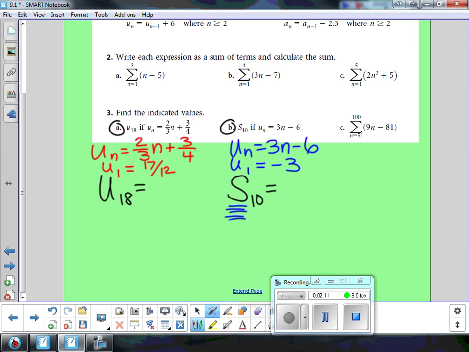That wants to know what the sum of the first 10 terms are. So this is, what is the 18th term? And B is asking, what is the sum of the first 10 terms?